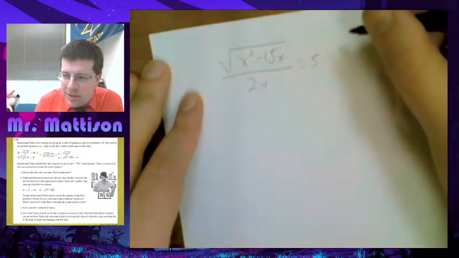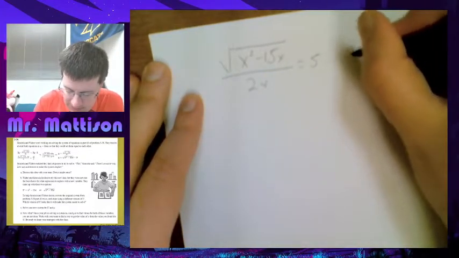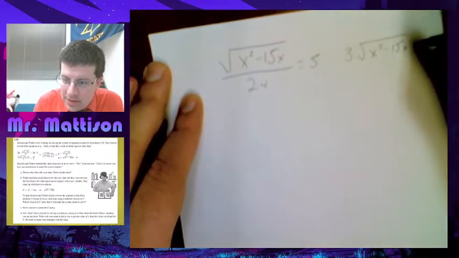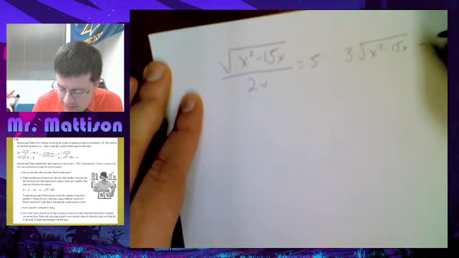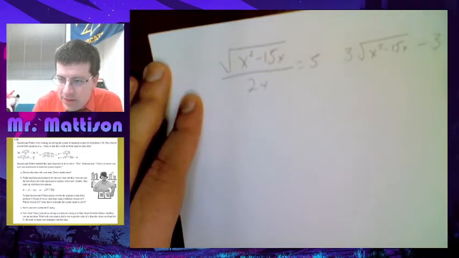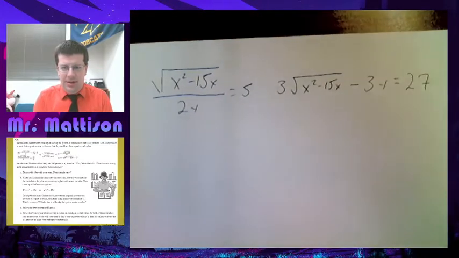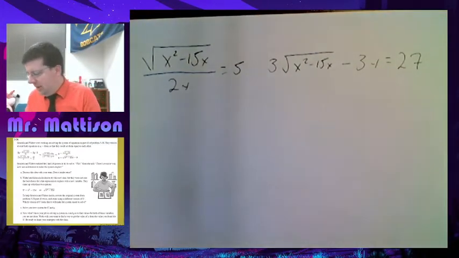Then our other equation is 3 times the square root of x squared minus 15x minus 3y equals 27. So the commonality here is that square root part, right?